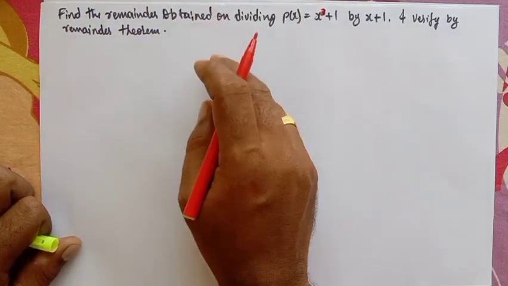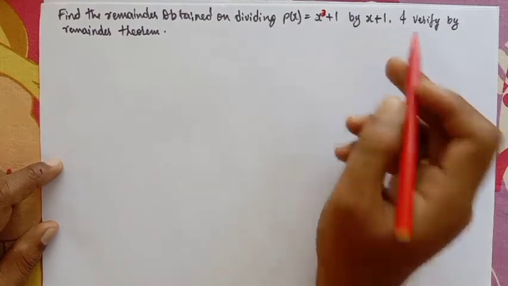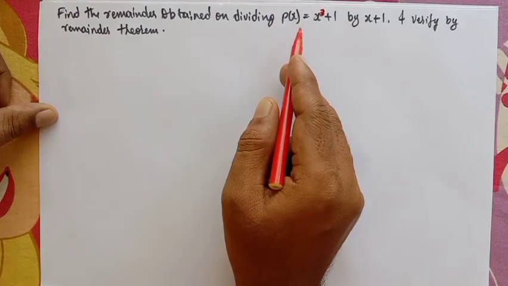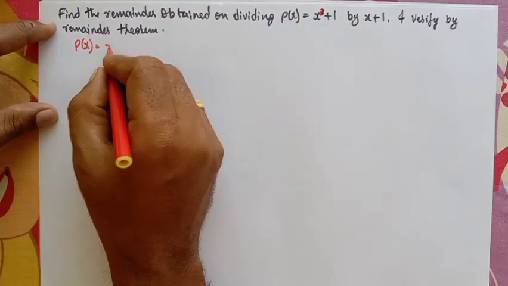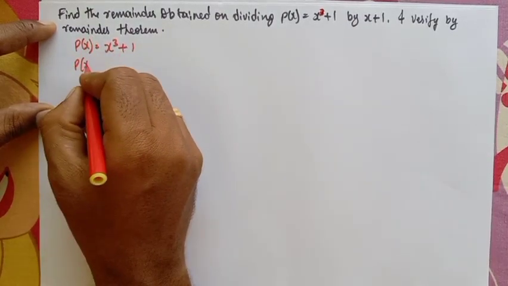Find the remainder obtained on dividing p of x is equal to x cube plus 1 by x plus 1 and verify by remainder theorem. So here p of x is equal to x cube plus 1. So let us write it in a standard form.